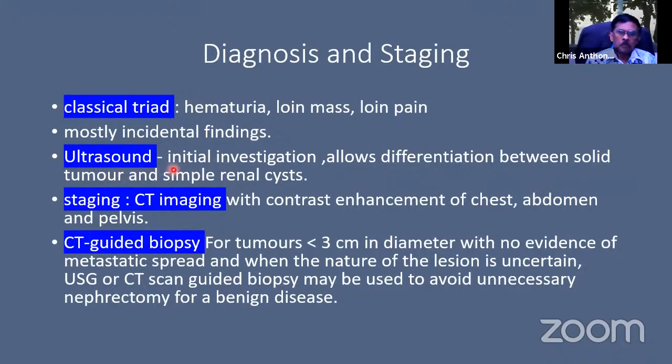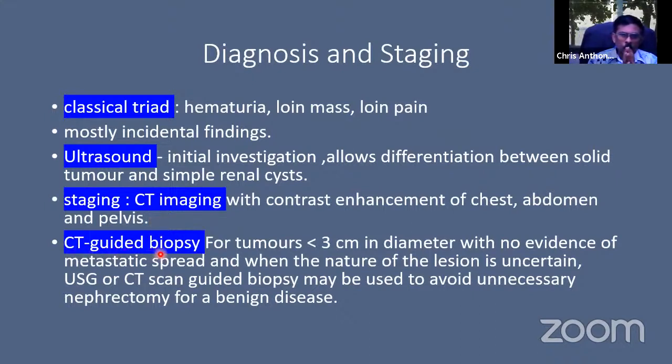Ultrasound, the initial investigation of choice, allows differentiation between solid tumor and simple renal cyst. Whereas staging CT scan imaging with contrast enhancement of the chest, abdomen, and pelvis are very good in detecting metastasis in these areas.